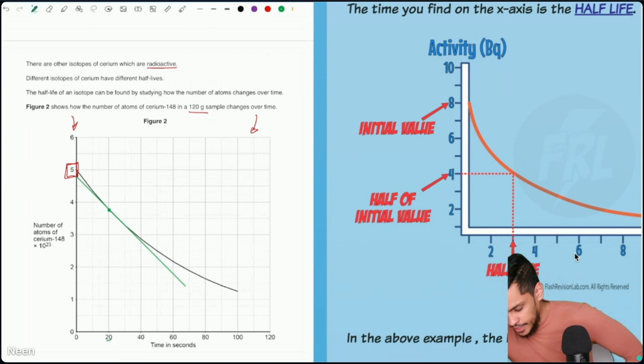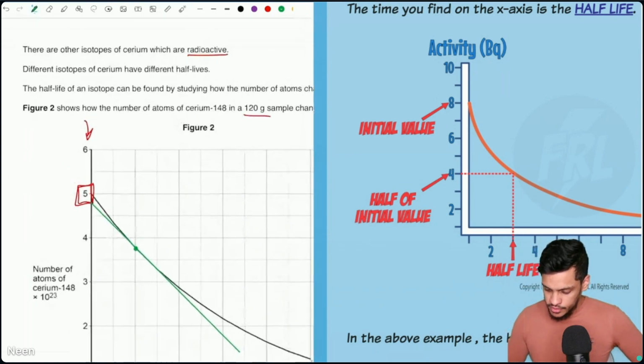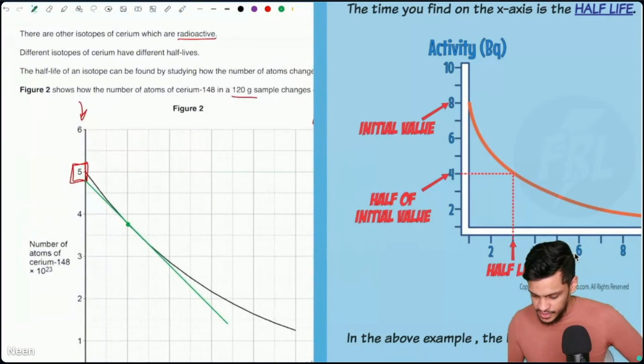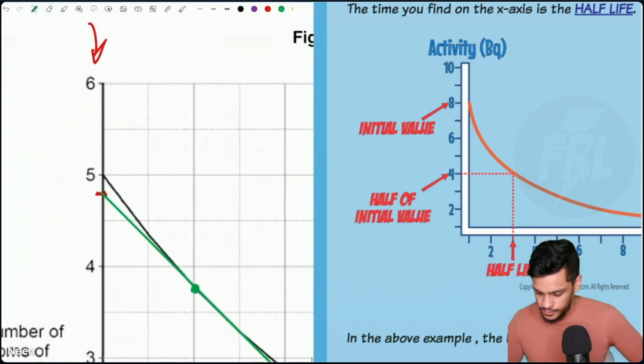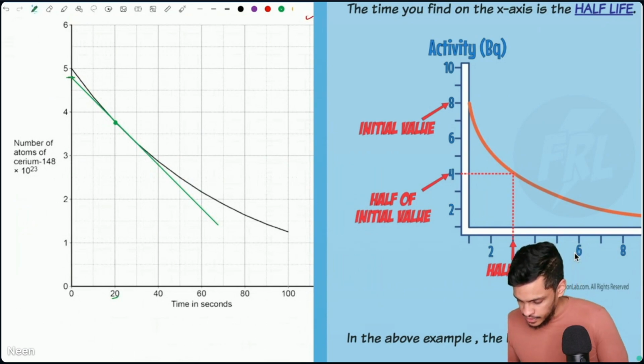We want to find the gradient of that line. So what you need to do is find the change in y over change in x. So we've got this reading here. Then let's pick a nice number to do that with. Let's pick this 2 here. So I'm going to draw a triangle here.